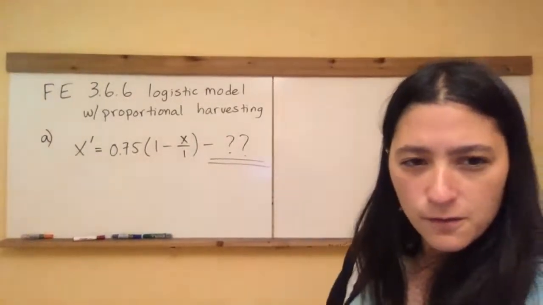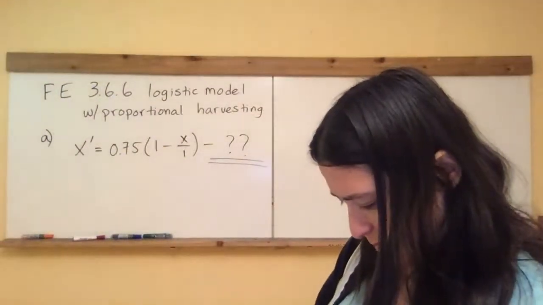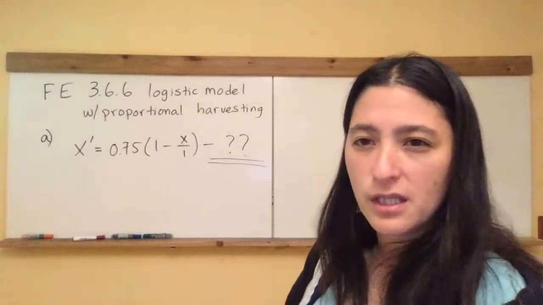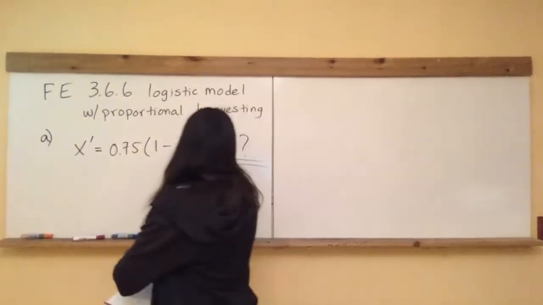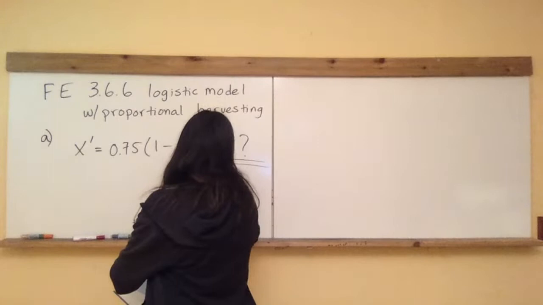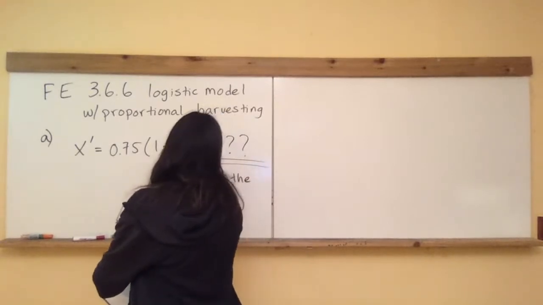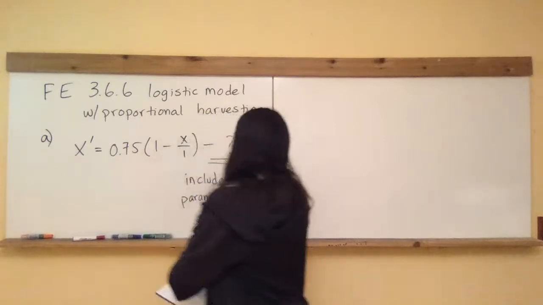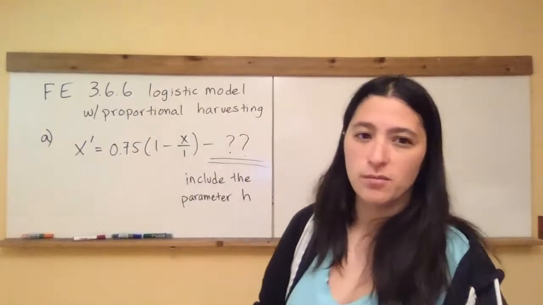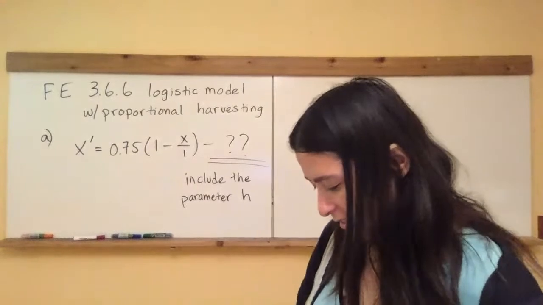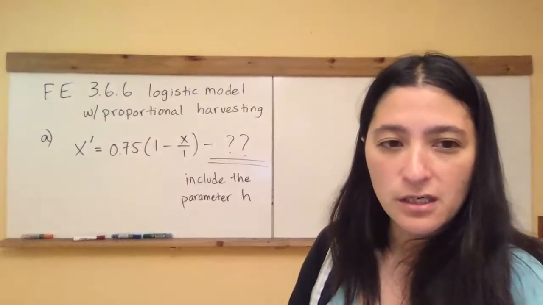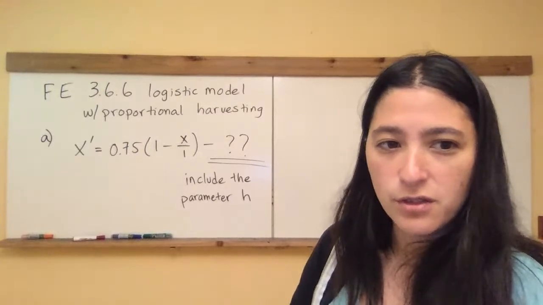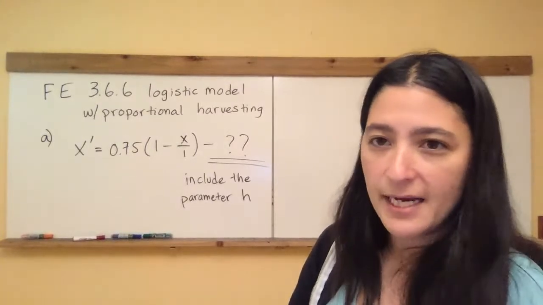X over a minus 1. Remember that you're going to want to use the letter h. In this harvesting term right here, this is going to include the parameter h. Right, so we're really trying to match this with the problem. So I see that somebody shared an idea of using x over a minus 1, but you don't want to add any more letters.